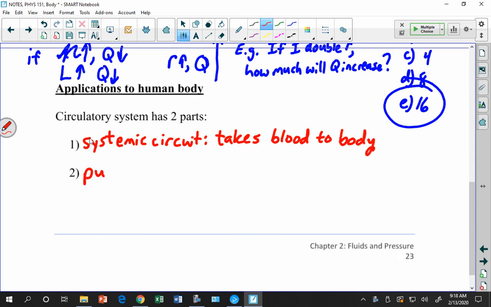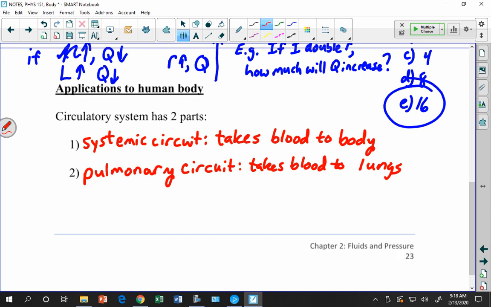The pulmonary, what does pulmonary mean? If you have a pulmonary doctor, what is that doctor? The lungs, right? So the pulmonary circuit takes blood to and from the lungs. And it takes, I'm going to say, used blood.